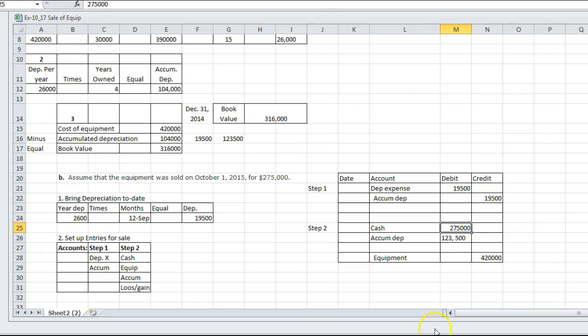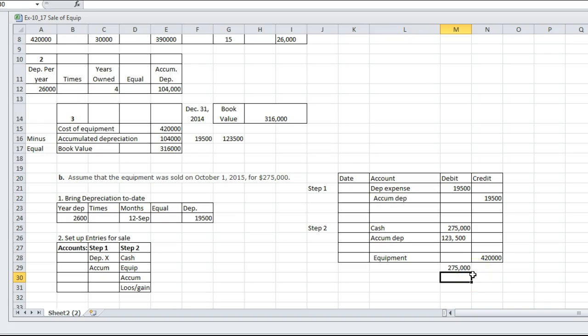So now I've got a really nifty little entry there, but it's not balanced. So to balance this, I'm going to have to figure out the difference, aren't I? Easiest way to do that is it's $275.